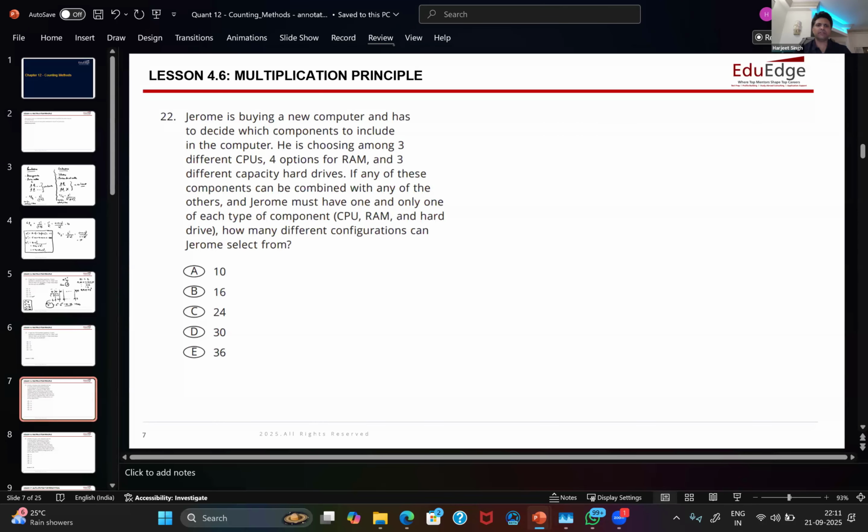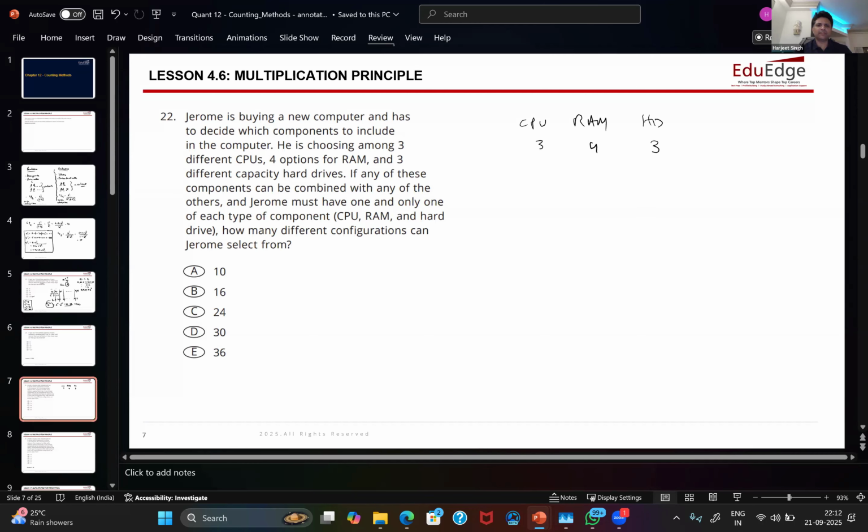Next question. Jerome is buying a new computer and has to decide which components to choose in the computer. He's choosing amongst 3 CPUs. So always I write, okay, CPUs 3, RAM 4, hard drives 3.